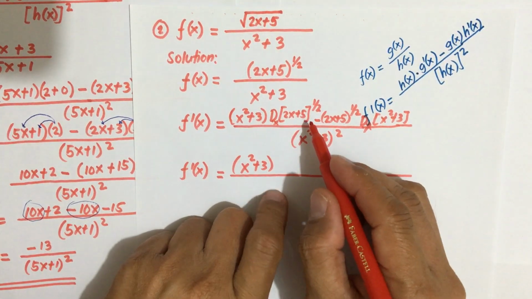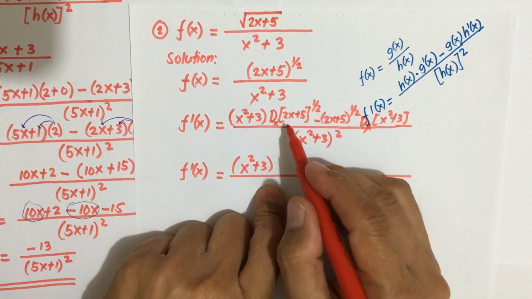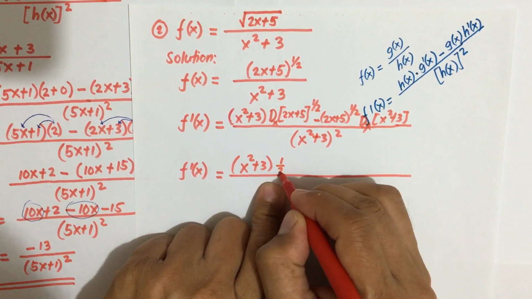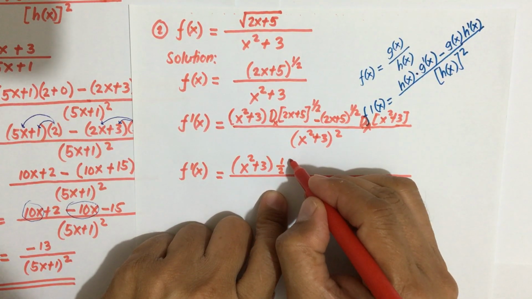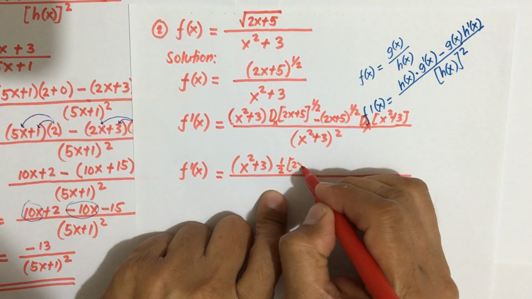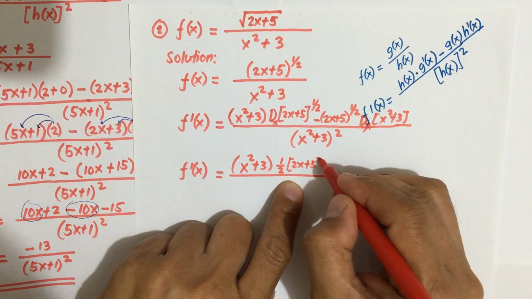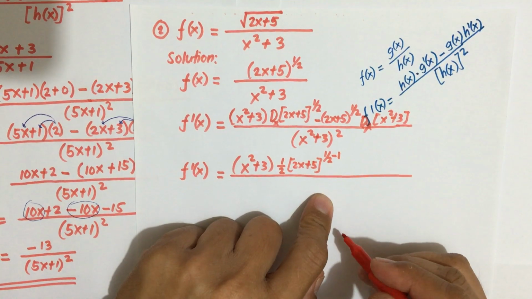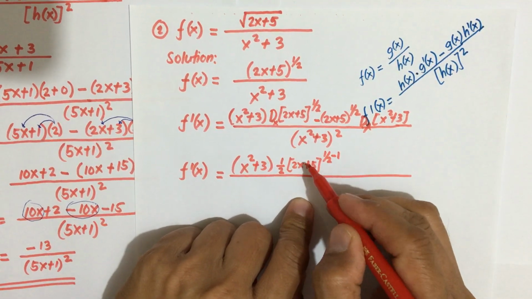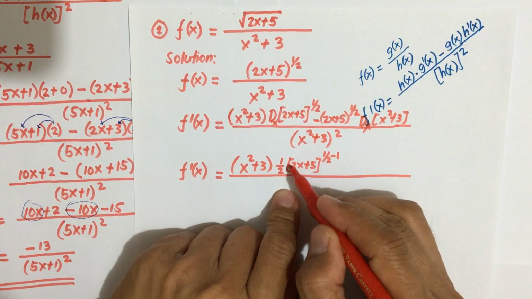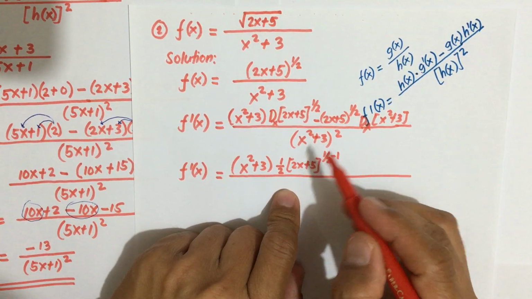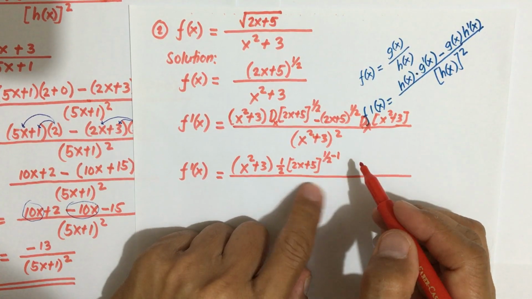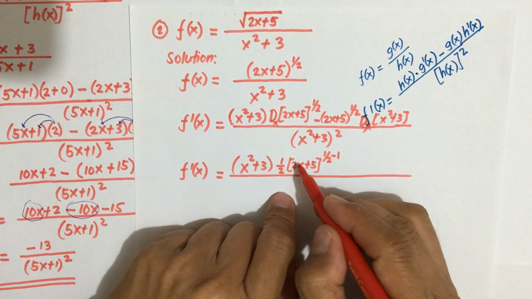Okay, so applying the general power rule, the exponent will go down. So this is 1/2. Then multiply this by the base, which is 2x plus 5 raised to the power 1/2, but this time minus 1. Okay, and then the derivative of this. So what is the derivative of this? Is our u. Derivative of u to the n with respect to x is equal to n times u to the n minus 1 times the derivative of u.